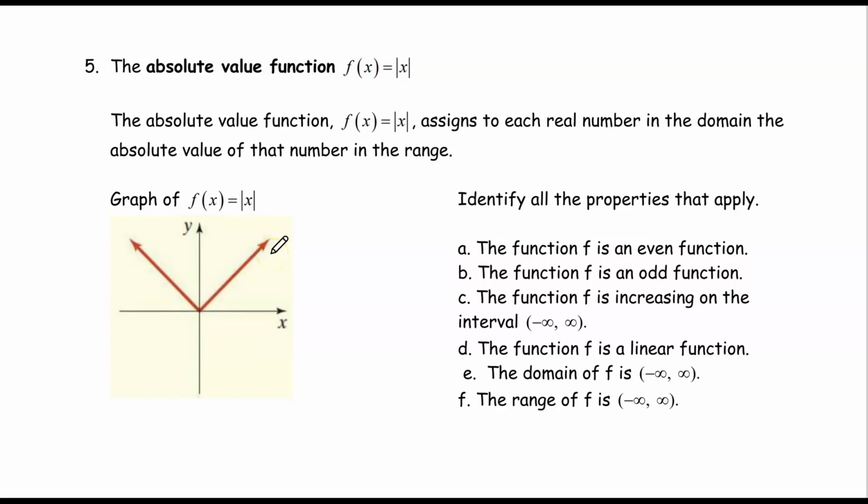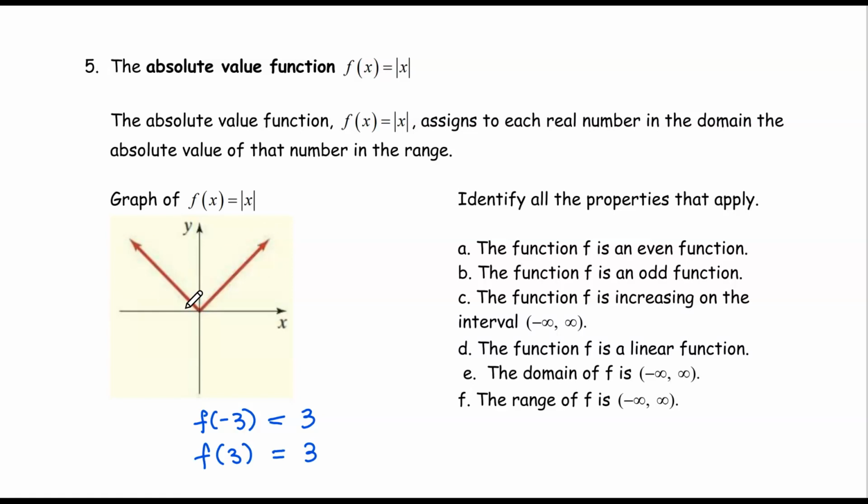So this absolute value function assigns to each real number in the domain the absolute value of that number in the range. Suppose, for instance, if x is equal to -3, it will be assigned to +3 in the range. If x is equal to 3, it will be assigned to 3 in the range. So that's the graph of the absolute value function.